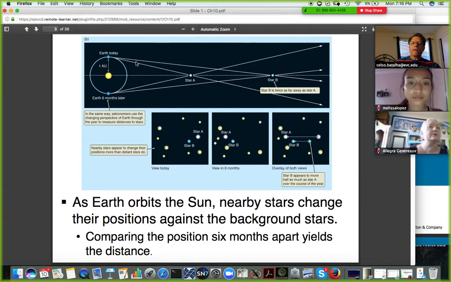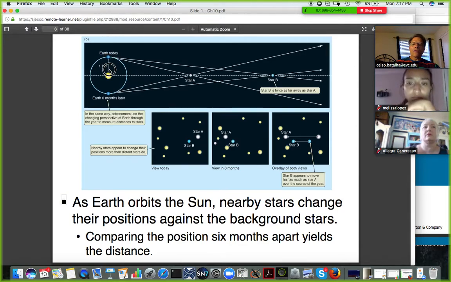So if you know the distance between Earth and the Sun, which we know, and if you know this angle over here, and we know this angle because that is given by the motion of the star in the sky, then half of that angle is equal, according to trigonometry, to the ratio between the distance between Earth and the Sun, and the distance between the Sun and that star.